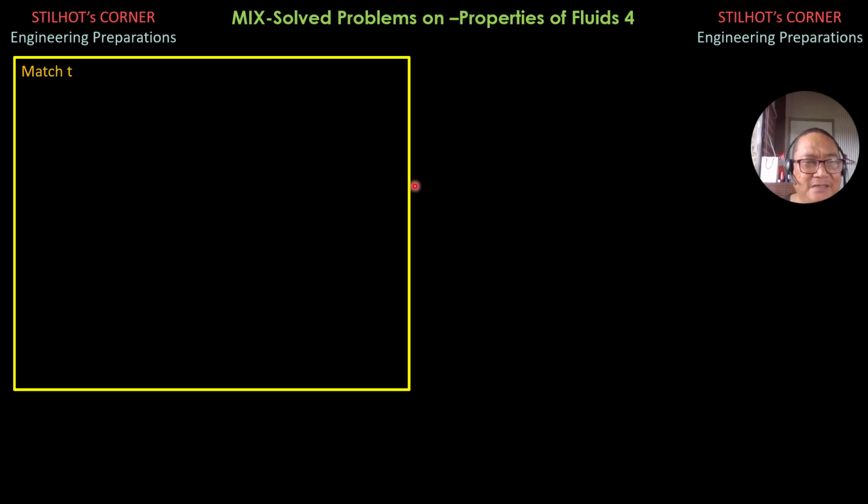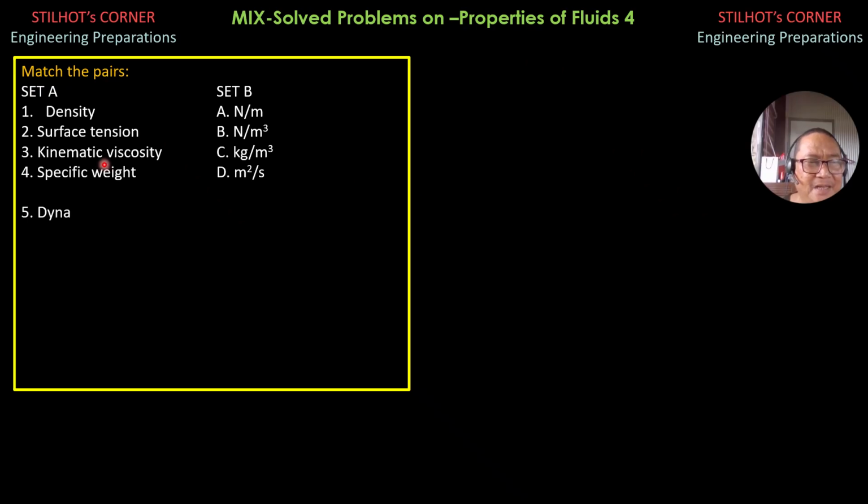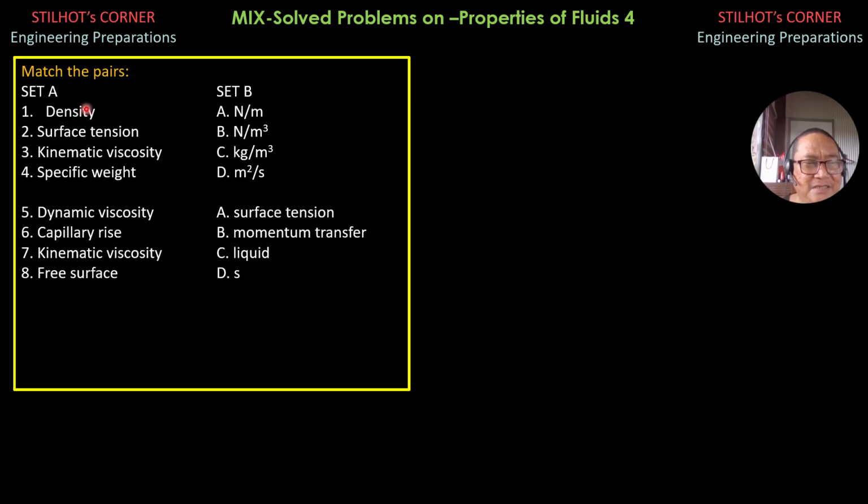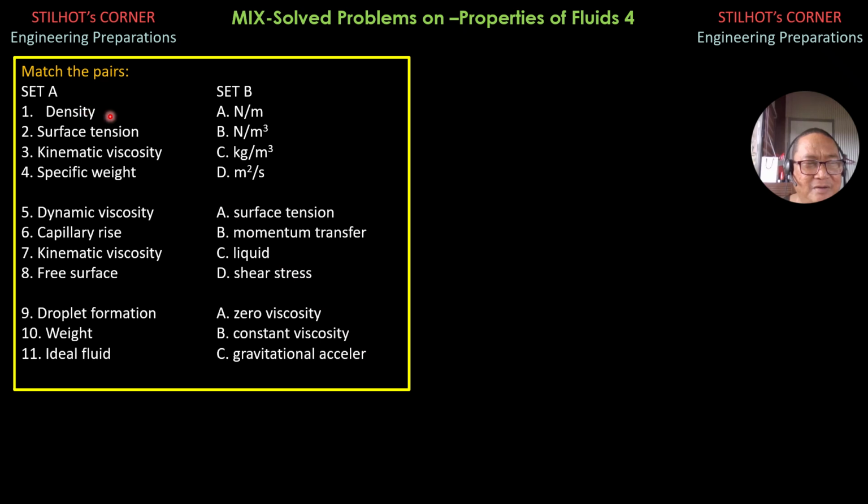We have here three sets of questions and problems. First, match the pairs. We have set A and set B. Match the terms or items in set A to items in set B. Density has unit of kilogram per cubic meter, so it should be C. Surface tension units is newton per meter, so it should be A. Kinematic viscosity has unit square meter per second, or centimeter square per second for stokes.